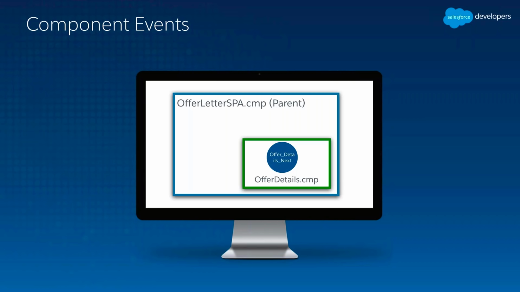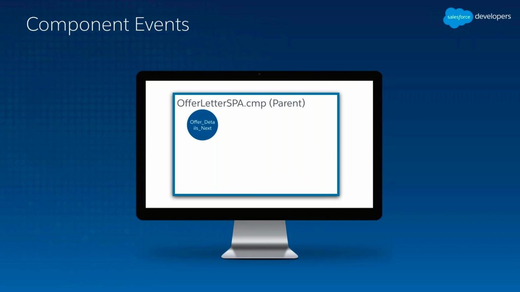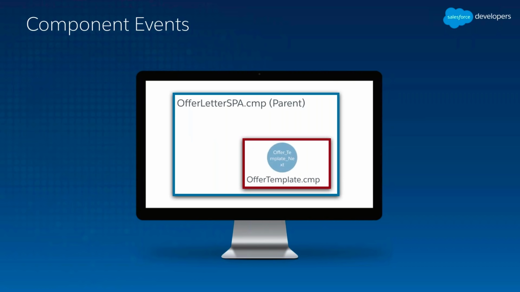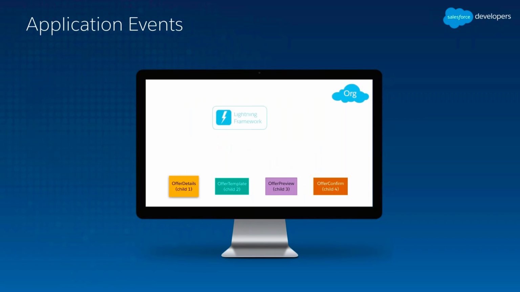Whenever it fires that event, it bubbles up to the parent, and the parent then uses that approach of dynamically hiding and showing the next child component using CSS. That happens throughout our single page application. All the children use that same bubbling event, but this time they pass different messages. So offer template next bubbles up to the parent, that switch statement, and then we use the same approach to hide and show the next Lightning component that should be visible.